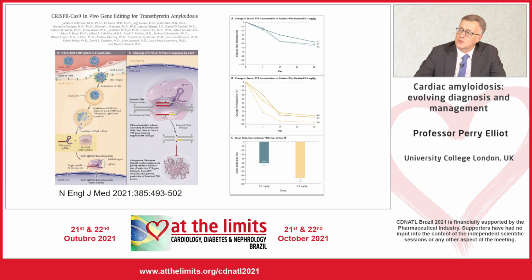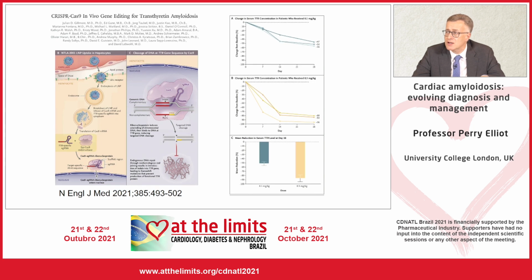This is taken up within tissues by endocytosis, and then the subsequently translated Cas9 protein in combination with the guide RNA is incorporated into the nucleus. This system then introduces a break within the TTR gene, which is a permanent reduction in TTR gene function. And you can see on the right dramatic reductions again in the amount of TTR circulating in the blood.